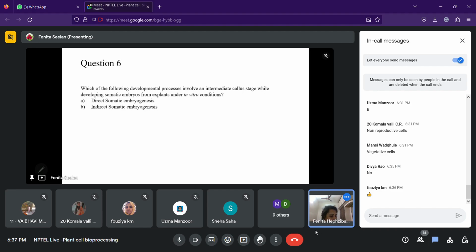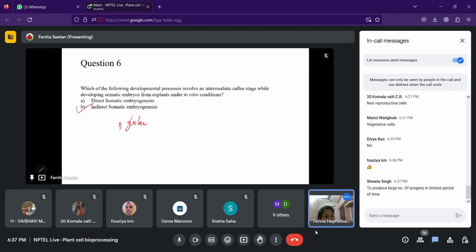No idea? Okay. Large number of progeny in a limited period of time. Yes, that we can tell. What are the other advantages of doing somatic embryogenesis?